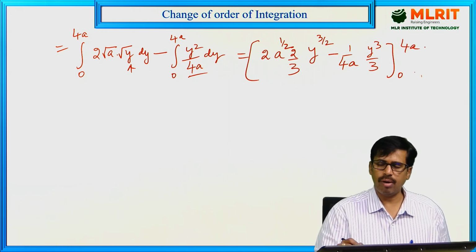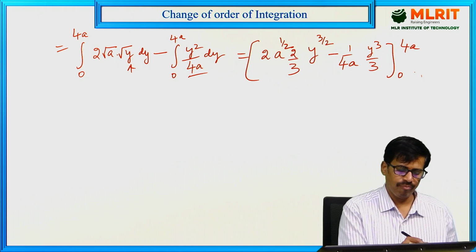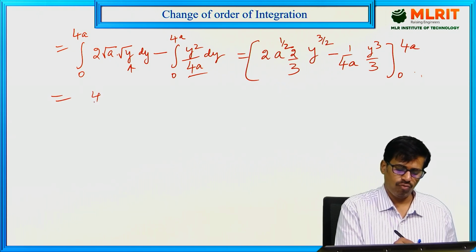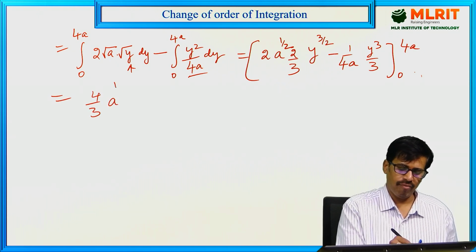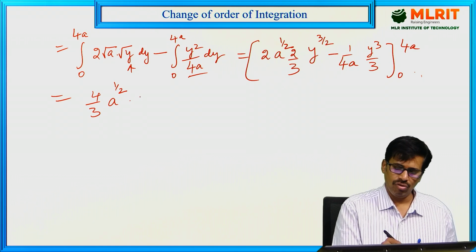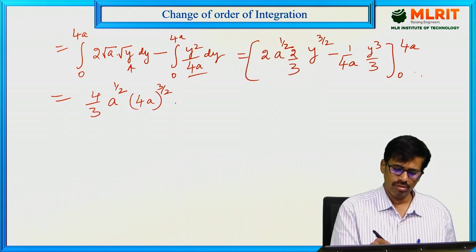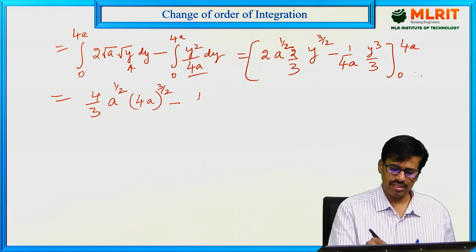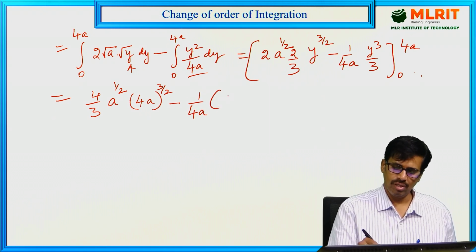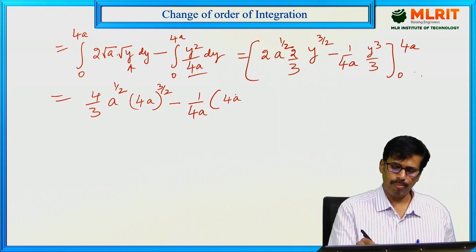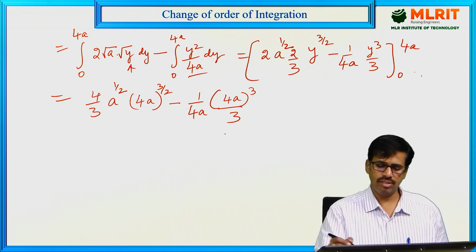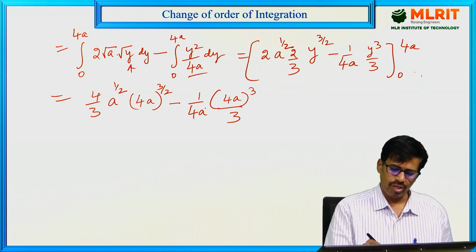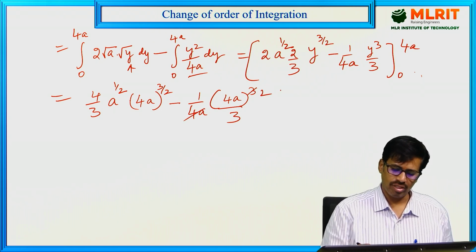So substitute upper limit 4a in place of y. This can be written as 4 by 3 a power 1 by 2, 4a whole power 3 by 2, minus 1 by 4a into, in place of y upper limit, 4a whole cube by 3. Anyhow lower limit is 0. So here 4a square will be there.